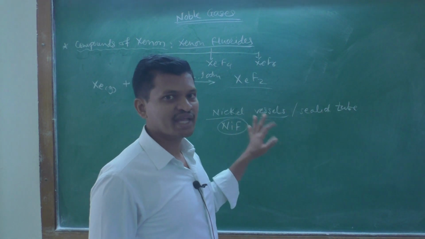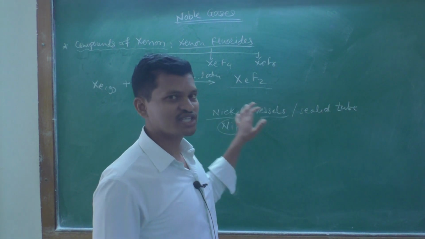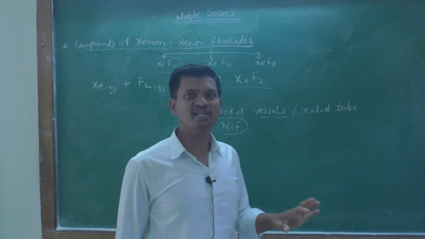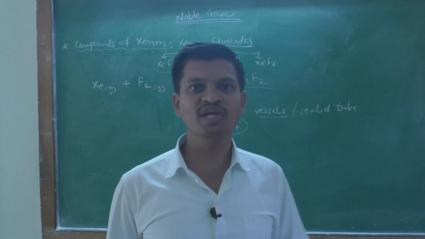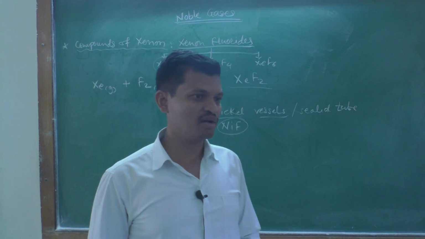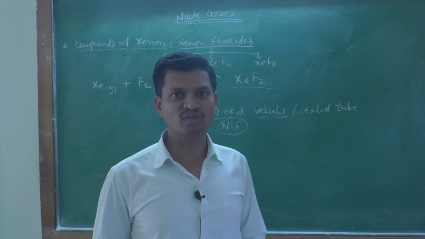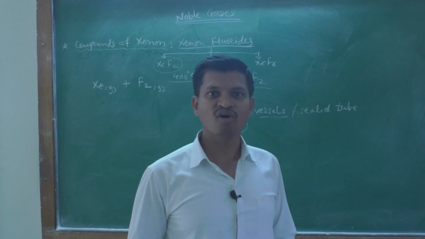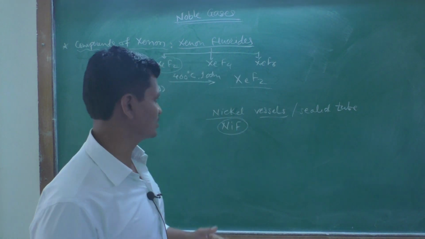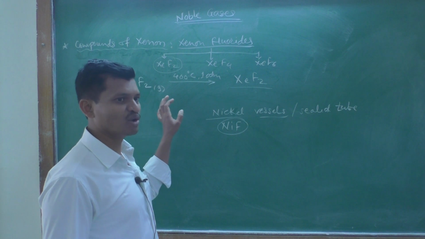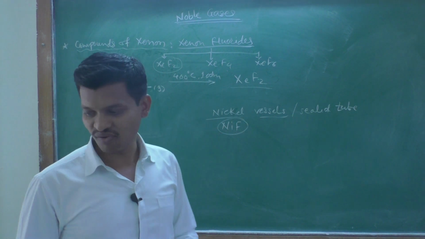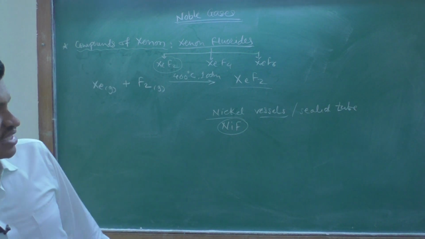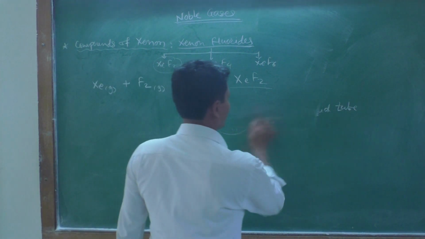The reactions of xenon and fluorine are not generally done in regular glassware, because fluorine is well known for the etching of silica glass. So glassware is not used, and nickel vessels are used for such reactions.